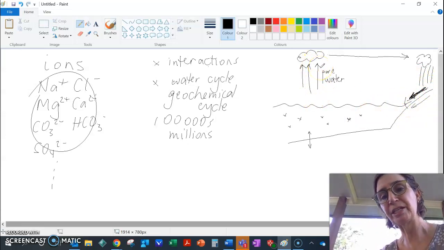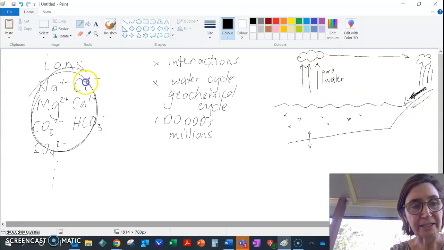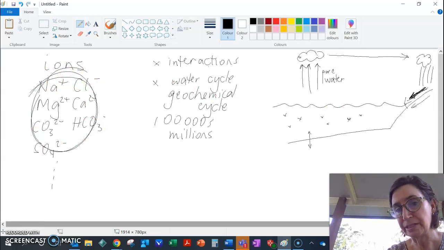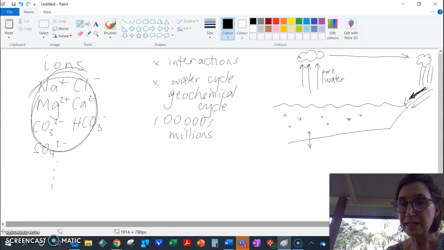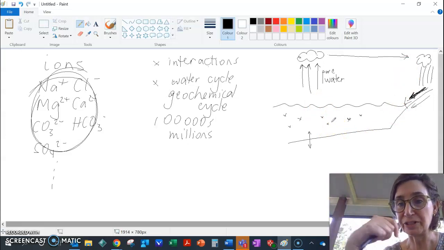So slowly, over millions of years, these ions and the other ions that are present, dissolved minerals that are present in the seawater, have accumulated over that long period of time. So this is all fine and dandy. The sea is really quite stable in its chemical composition over that sort of time scale.